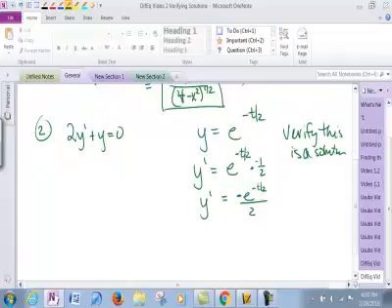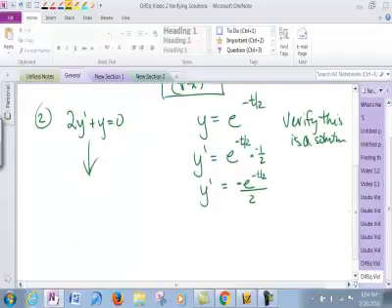Now this time it's not quite as apparent as it was last time that this is a solution. So what we're going to do is go back and replace the y prime with the derivative we found, and replace the y with the original y and see if we don't get 0. So now we're ready to work on the differential equation side.